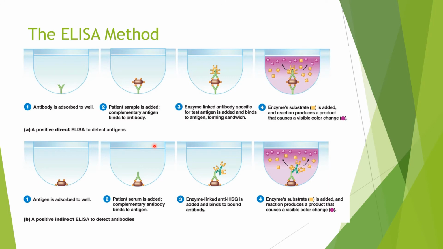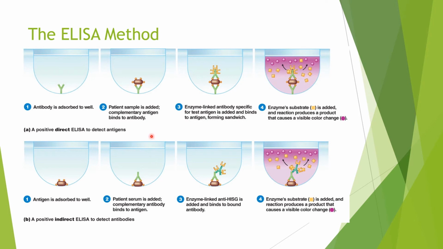And as I said, the serum is where you will have your antibodies. And again, we don't know whether the patient has bacteria A. If they are infected with bacteria A, then their serum is going to contain the antibodies.